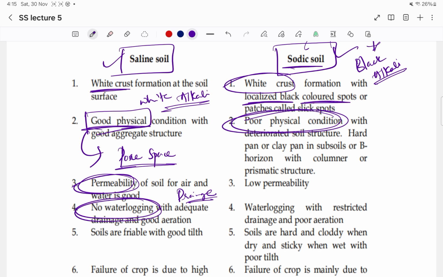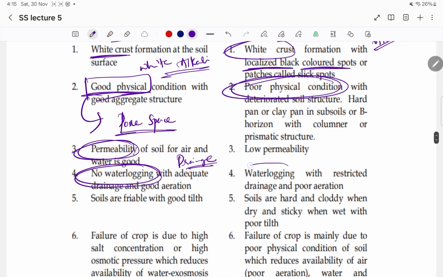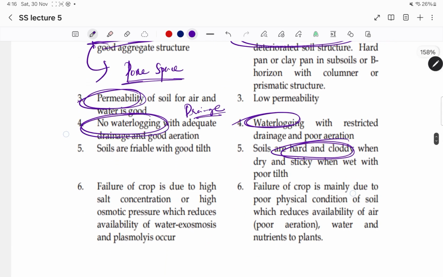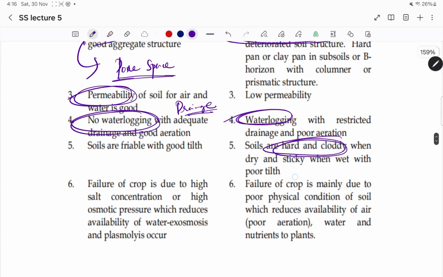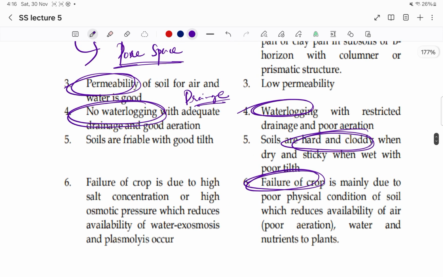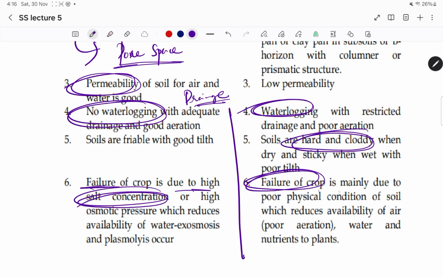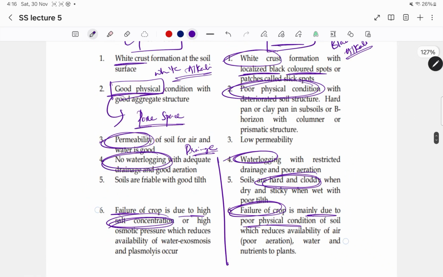Because of the poor physical condition, there is water logging because of the poor drainage system. The soils become hard and cloddy in case of sodic, and there is ultimately failure of the crop. In saline soil, the failure of the crop is due to high salt concentration. In sodic soil, the failure of the crop is due to the poor physical condition. You just go through once.